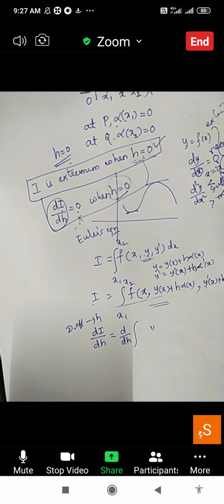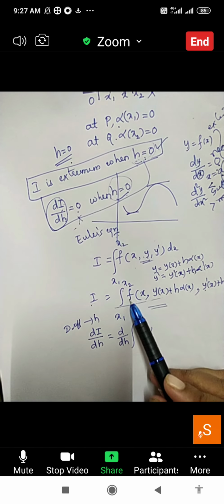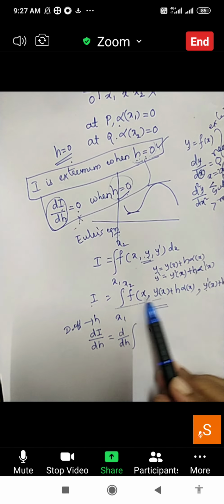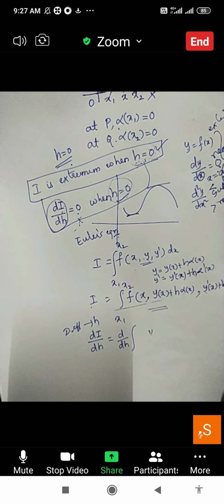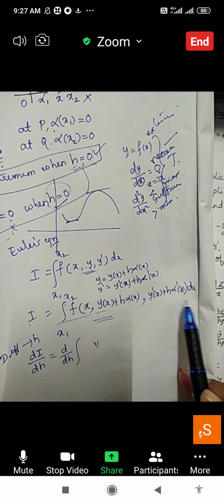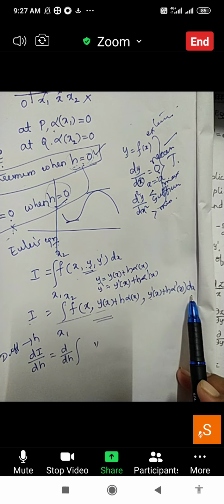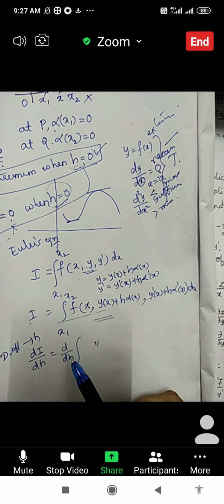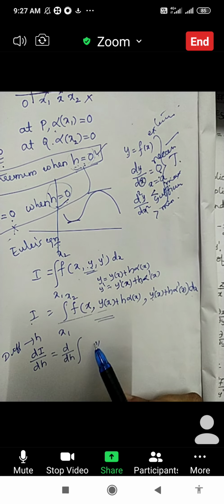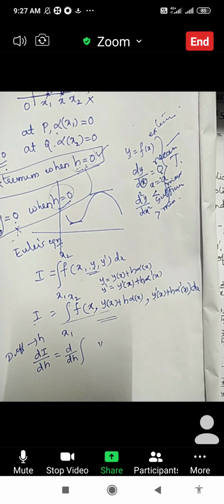Correct? This integral is with respect to x, and you are differentiating with respect to h. So will you get a function, or do you have to apply some concept?